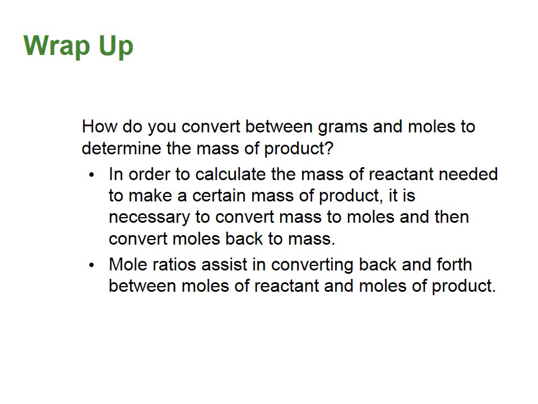Please remember that molar mass is required to convert from mass to moles and moles back to mass. You can get that information from the given formula and the periodic table. Mole ratios are determined by using the coefficients in the reaction equations.